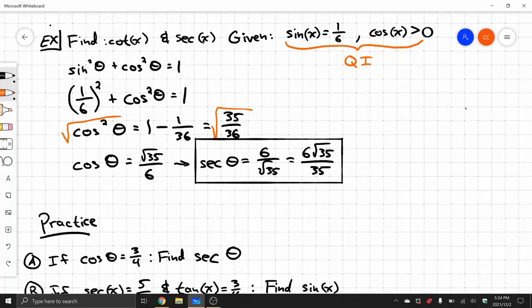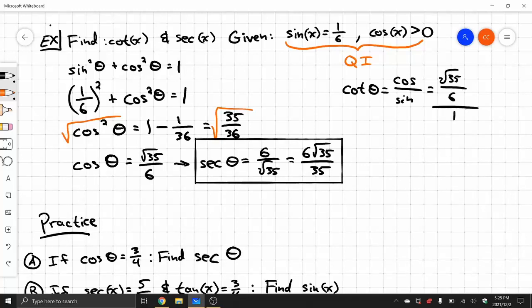Alrighty, now we're going to try to find our cotangent of theta. Well, that's just equal to my cosine divided by sine. I already know both of those because my cosine I found to be square root of 35 over 6.